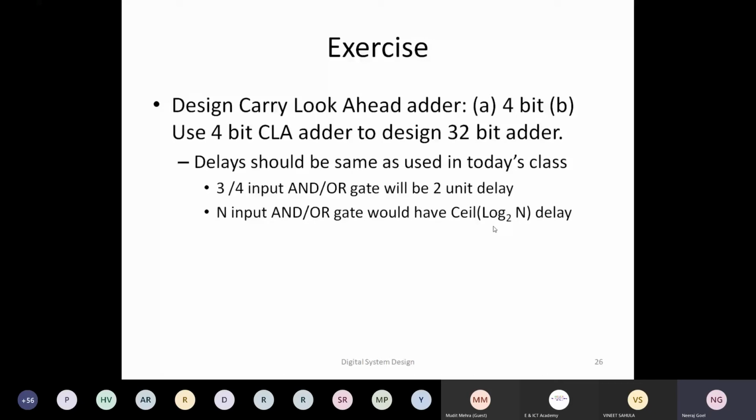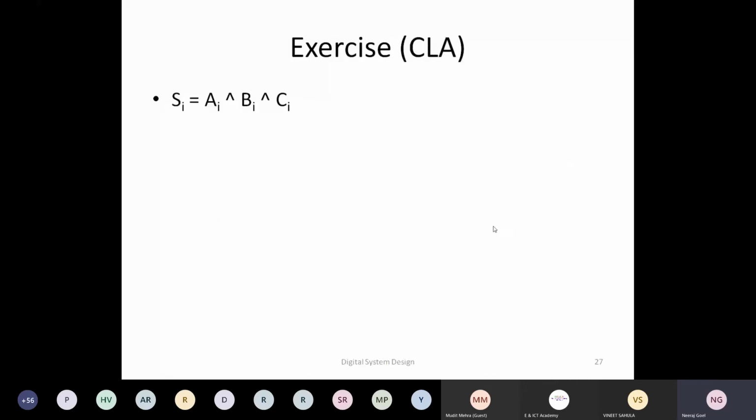To give you a very short glimpse of the carry look ahead adder: typically, you know that sum is represented by Ai XOR Bi XOR Ci. The bottleneck is that Ci is generated only after the previous carry has been generated. So in carry look ahead, we try to generate all the carries beforehand. We use generate and propagate signals.